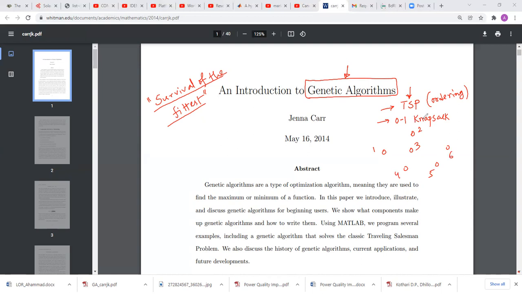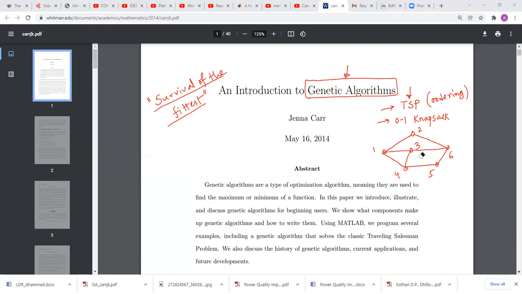The problem statement is such that each city, or at least some of the cities, are connected, if not all. And between each city connection there is a certain weight or cost associated with each connection. Let's say 1 to 2, 2 to 6, 1 to 3, and several weights are given for each of these.